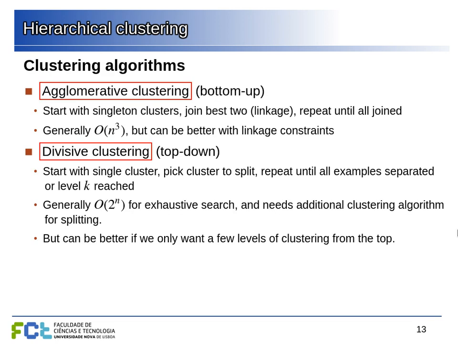So, two approaches to hierarchical clustering. We can do hierarchical clustering from the bottom up, starting with individual examples, and then bringing them together into larger and larger clusters. This is called agglomerative clustering. We start with clusters of one example each, and then we bring the closest clusters together and start building clusters from there.